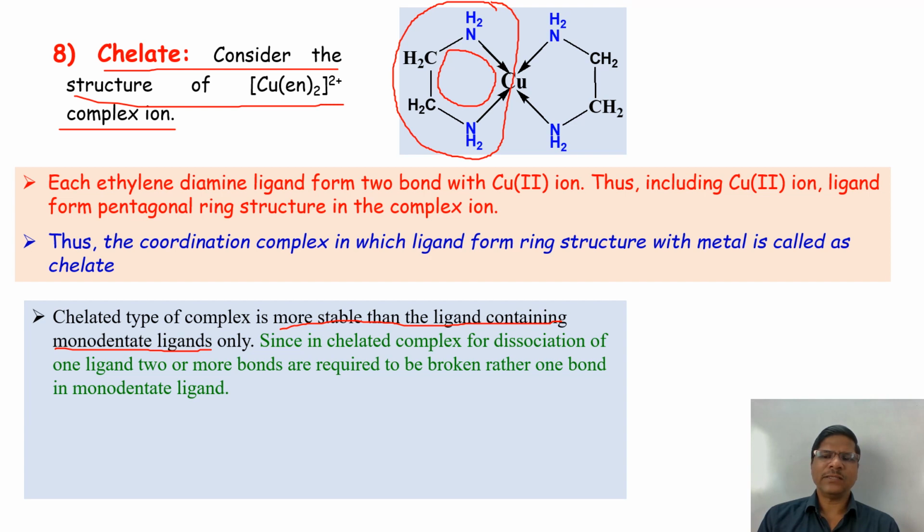Why? When we break the complex, we have to remove the ligand. In a monodentate ligand, to remove the ligand only one bond is to be broken, while in the chelate, to remove one ligand, two bonds are to be broken. Breaking two bonds requires more energy, and hence the chelate type of structure or polydentate ligand is more stable.